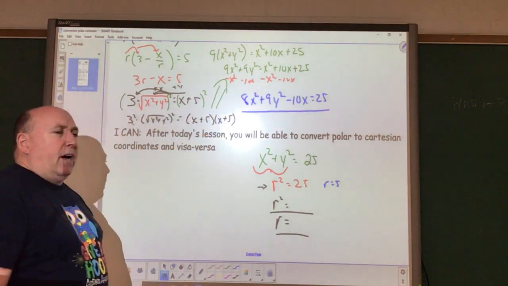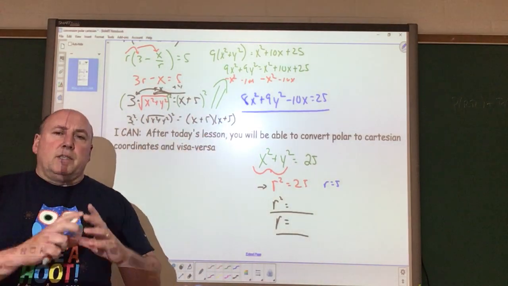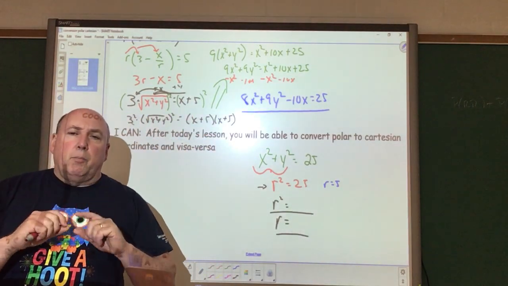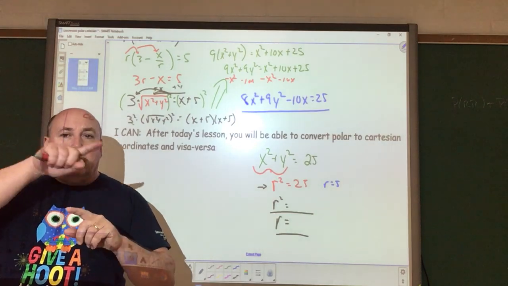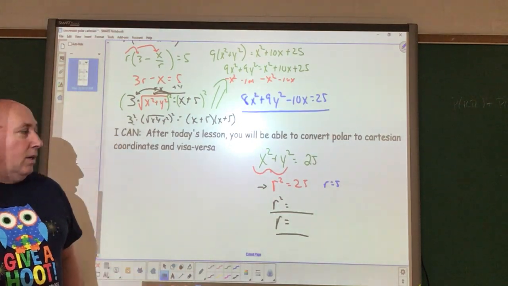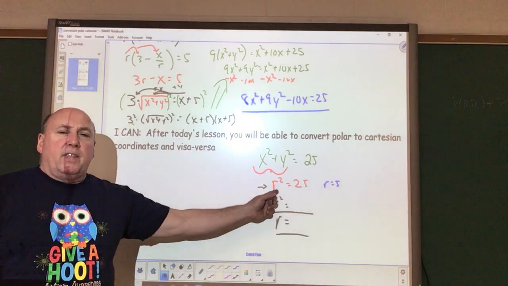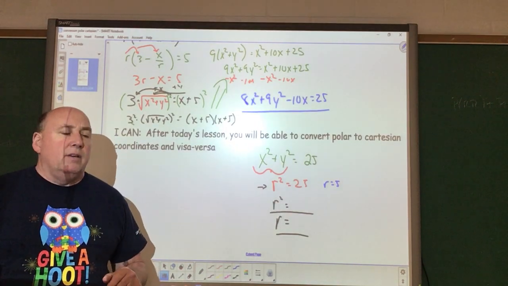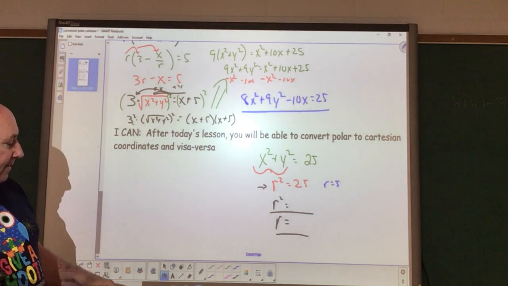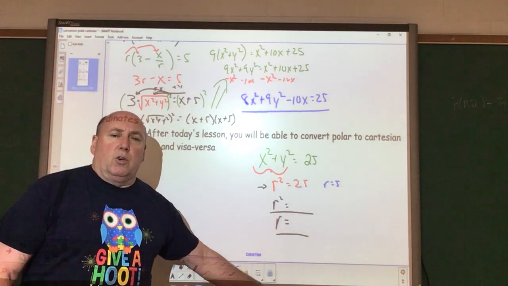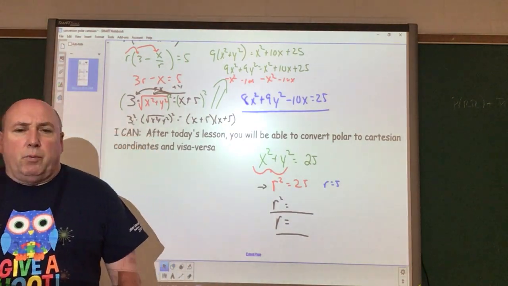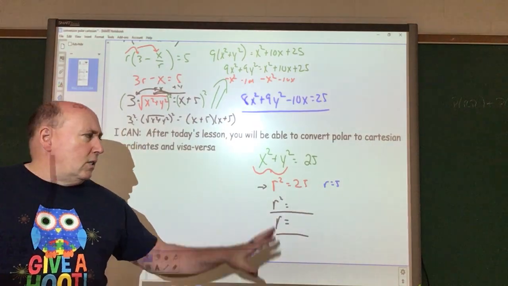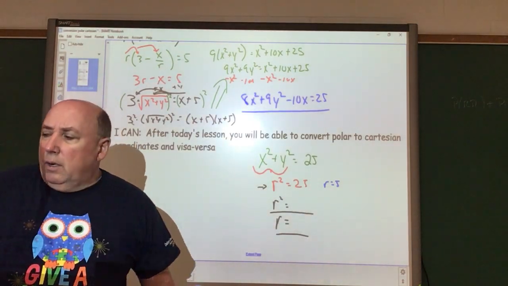Basically, this is a circle with center point at the pole with a radius of 5. No matter what value of theta I put in there, my r value is going to be 5. So we get a circle with center point at the pole. So this is conversions of polars.